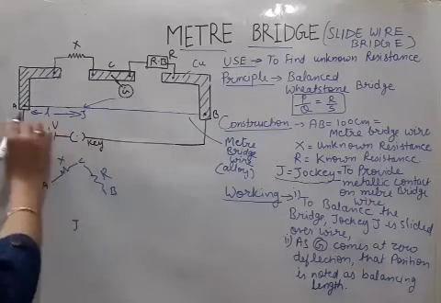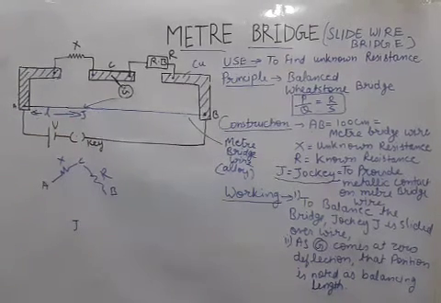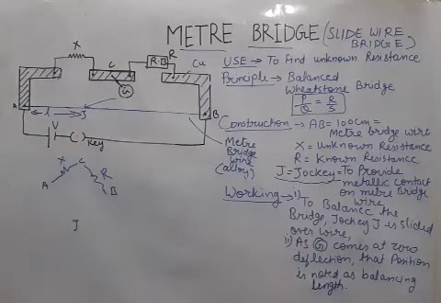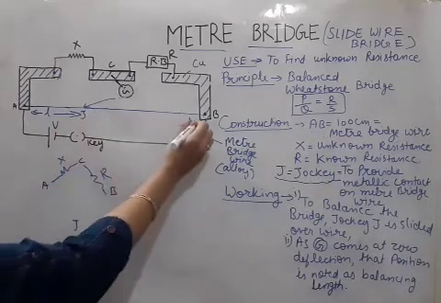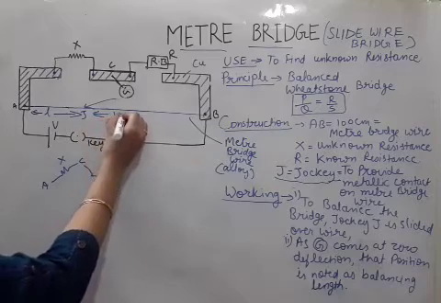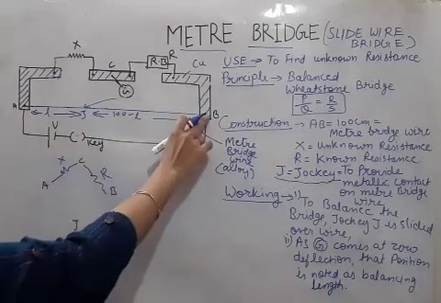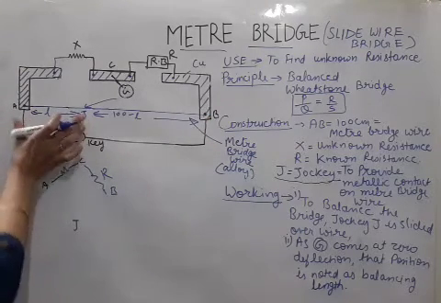Then now here we have point J. From A to J there is length L. And what is the length remaining between J and B? So it will become 100 minus L. The total length A to B is 100 centimeter, A to J is L centimeter.